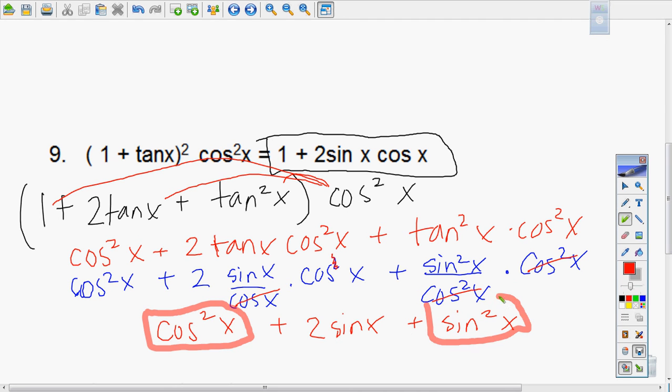What do they make together? What do we say sine squared plus cosine squared equals? 1. So 1 plus 2 sine x. Oh, I forgot my little cosine here. So it's right. It's good.